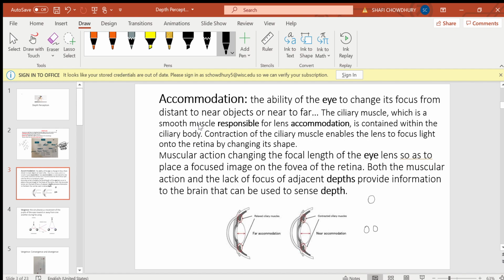So two eyes, right? And these are eyes, and this is the object, the target. Now, if the object is far, this angle between the lines of gaze is less. This is the angle.